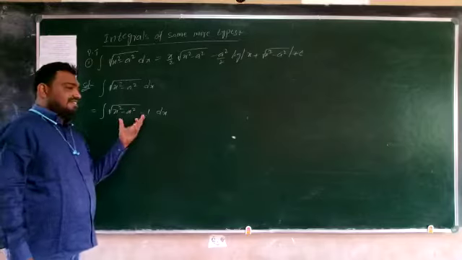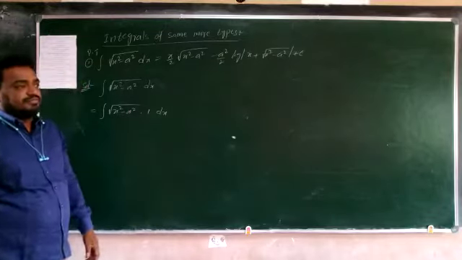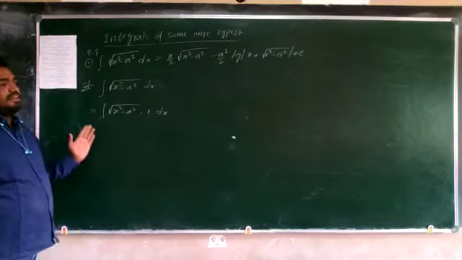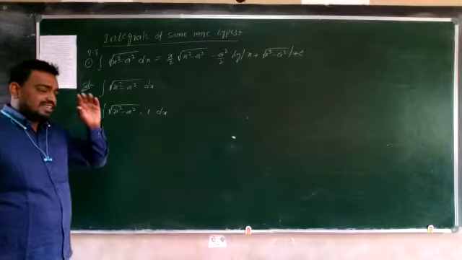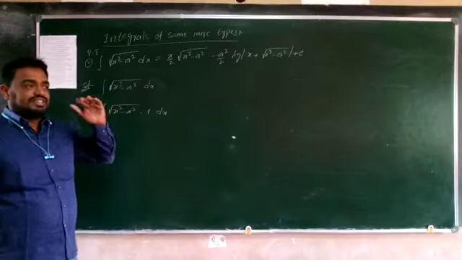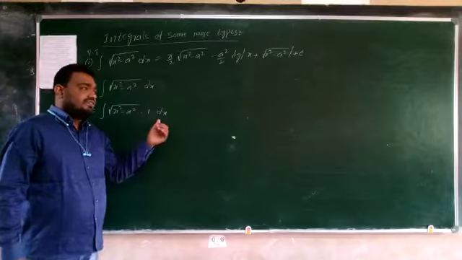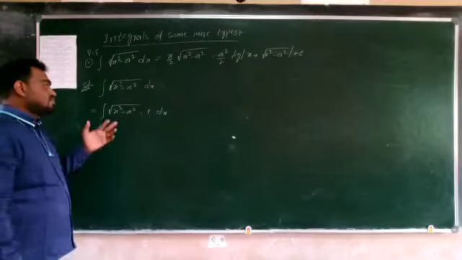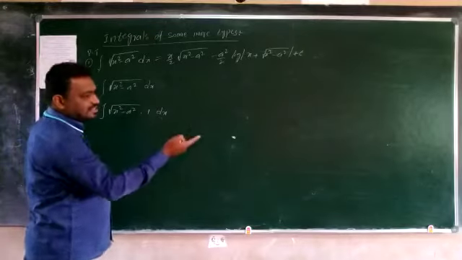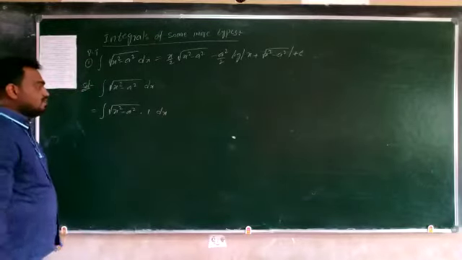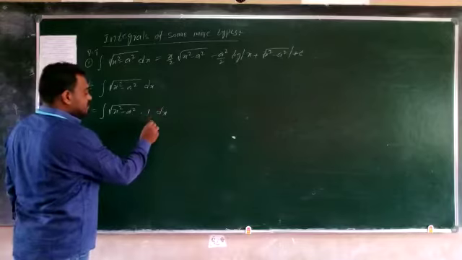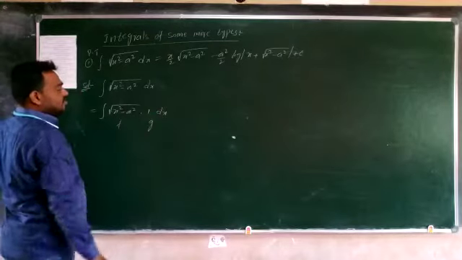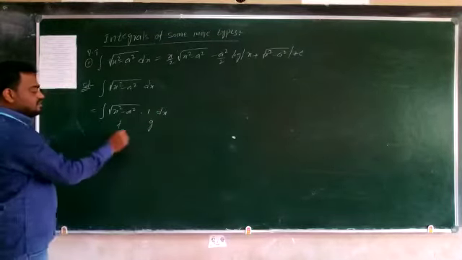So which one are we selecting as f, which one as g? What I told in integration by parts: whichever is easily integrable, that function you take as g of x, the second function. So integration of 1 dx is very easy, that is x. So g is 1, f is square root of x square minus a square, you assume.